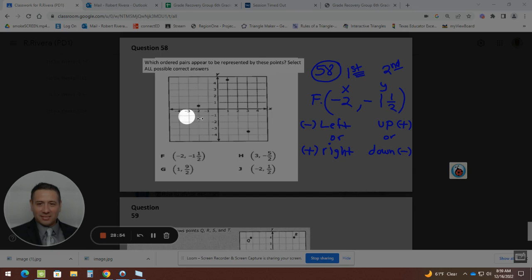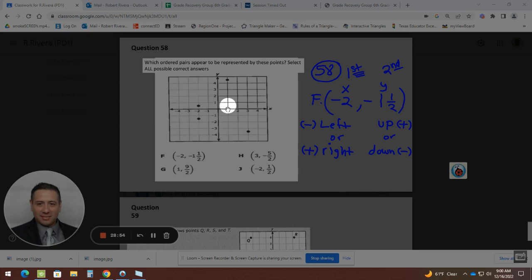Let me try another one. G. What's the first one? +1. Always start from the origin, from 0, and the +1 is going to go to the right. And then 9/2. What did I tell you to do when you have an improper fraction? Bottom out. 9/2 is going to be 4.5.